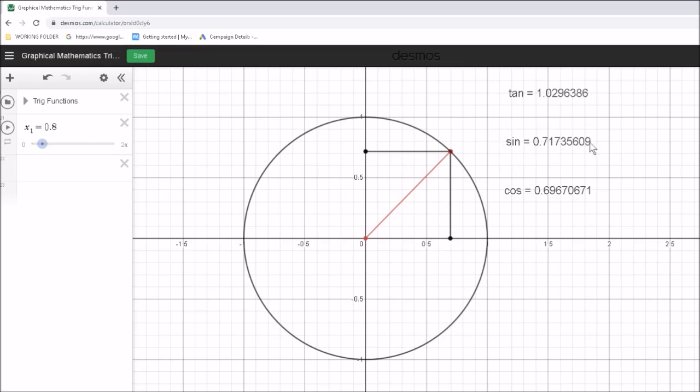Now we're going to look at the sine function. Now the sine is going to be this distance here, which we can call y, divided by this distance here, which I'll just for the moment call r. Now this distance up here again is a positive distance, but this distance along here, well, it's neither positive nor negative. In fact, we don't actually care.